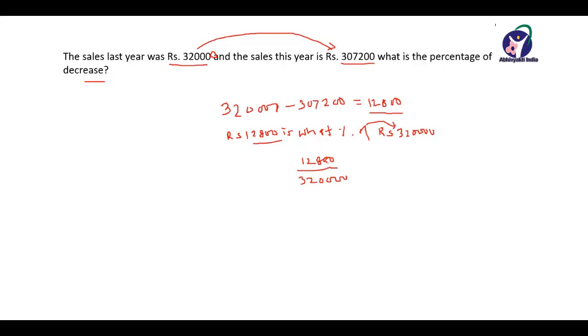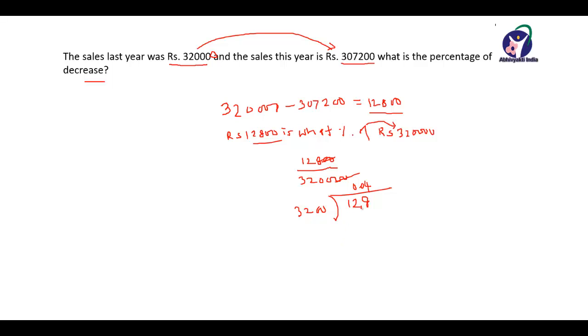So these two zeros will get cancelled, and you will get 128 by 3,200. If you divide 128 by 3200, you get 0.04.